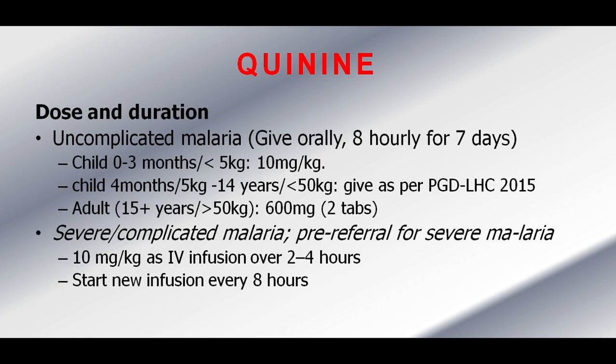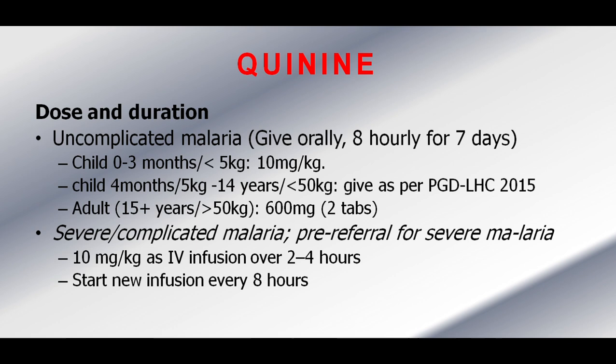So dose and duration. In uncomplicated malaria, you give quinine orally 8 hourly for 7 days. In a child of 0 to 3 months or a child that is less than 5 kilograms, you give 10 milligrams per kilogram body weight.